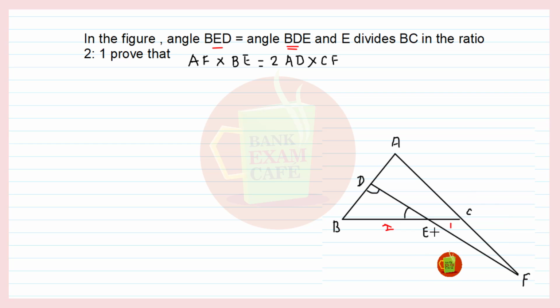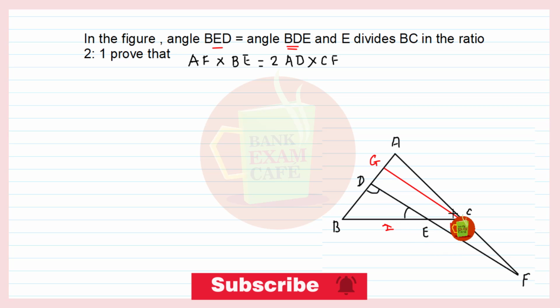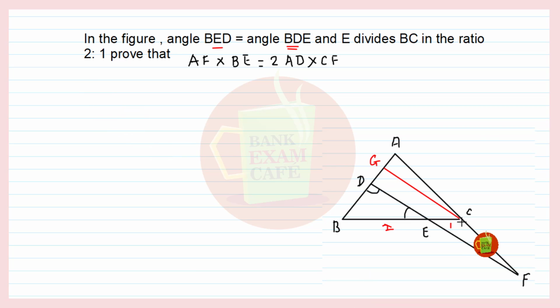So we will construct CG such that CG is parallel to DE. So DE and CG will be parallel by construction. First write that construction: draw CG parallel to DE.